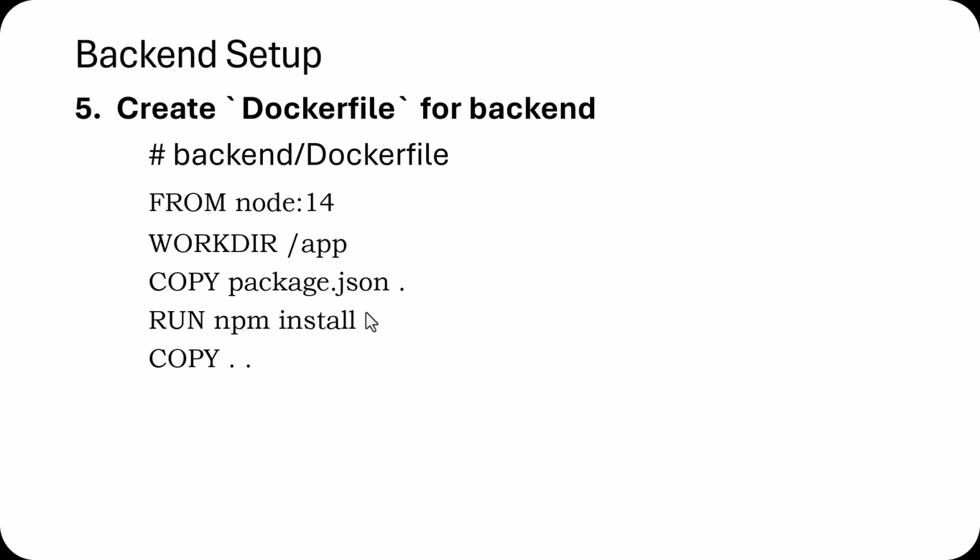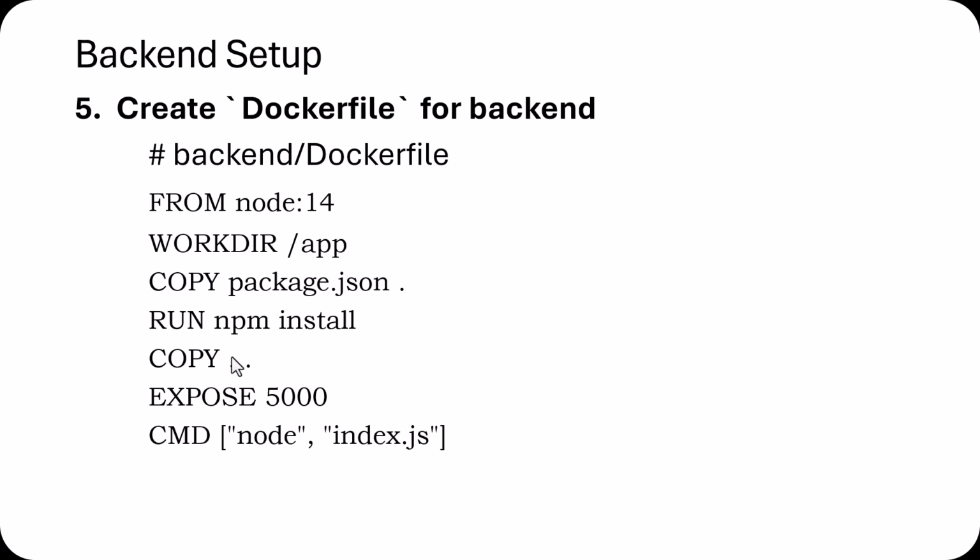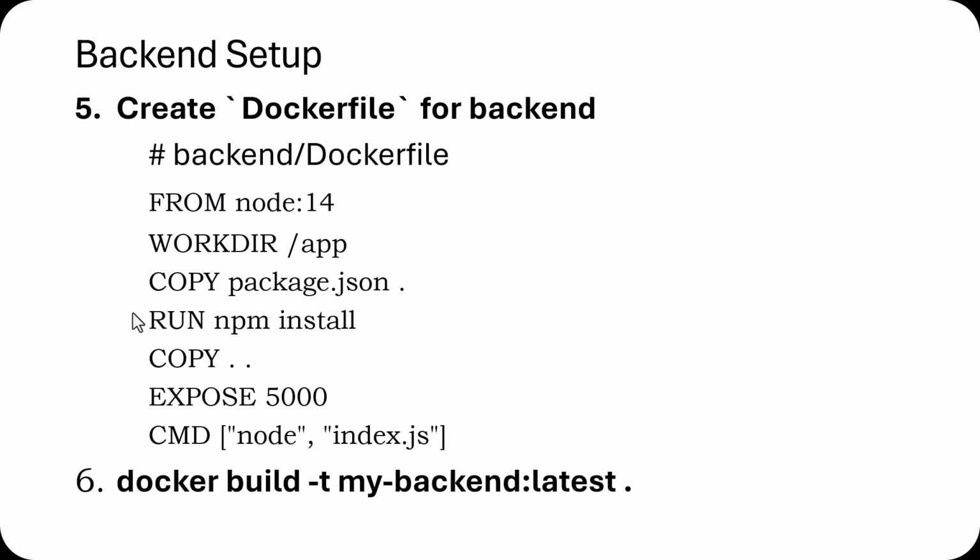It copies package.json to the container work directory, front/app, runs npm install, then copies everything from the working directory to the container work directory, exposes port 5000, and executes the command node index.js.